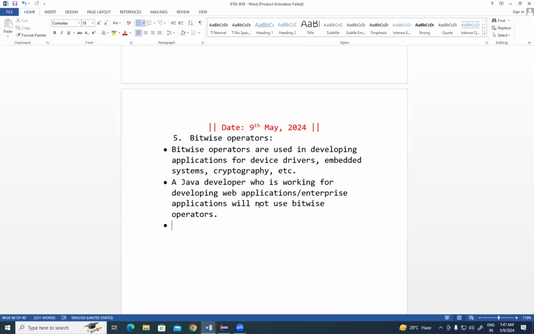You join in a TCS or Infosys or Cognizant or Wipro, for example, Capgemini, somewhere else. Folks, tell me now, if that is the case, what kind of applications do they develop for their clients? Web applications or enterprise applications, which means what? You are not going to be involved anymore in bitwise operators. That's what I would like to say. But still, it is better to know what the operators are and how they work. Am I clear so far? Very good.